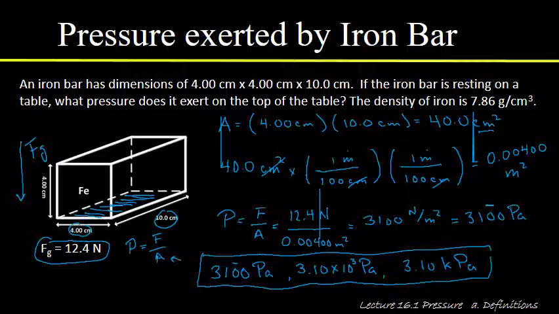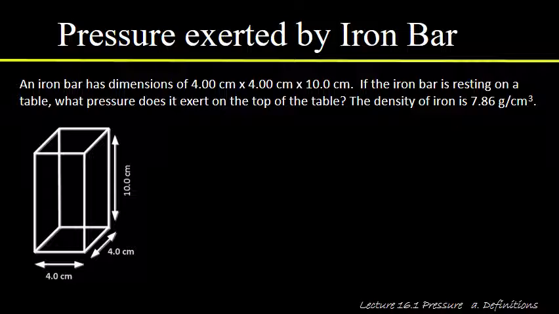Let's take a look at another one. Okay, here's a similar problem. It's actually the same iron bar, right? But now instead of lying on its side, we've tipped it up so that it's standing on its end.